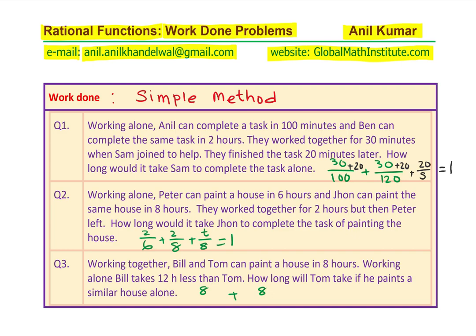So Tom takes t hours, Bill takes t minus 12. And then they complete the job. You get the third equation. You get the idea. That is how we create the equation, and it is so simple. So now I hope it is absolutely clear how we should solve such questions.